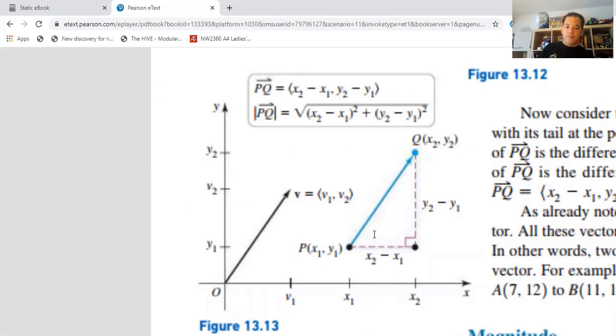Look at the blue vector over here, the vector PQ. The tail is this (x1, y1), and the head is (x2, y2).